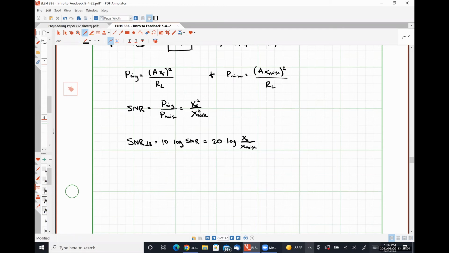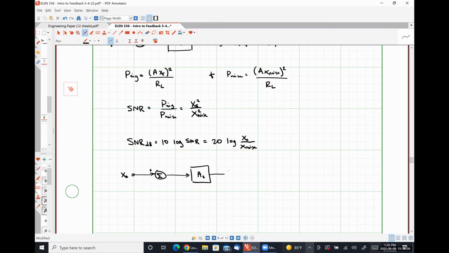All right. So let's look at something similar to our last example problem. So we have our signal of interest, XS, and it's going to be fed into a preamp. I'm just going to call this A2.